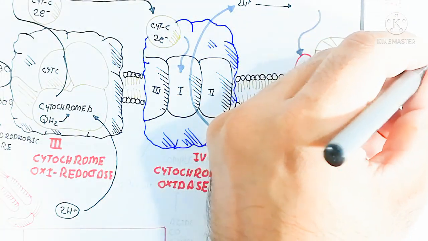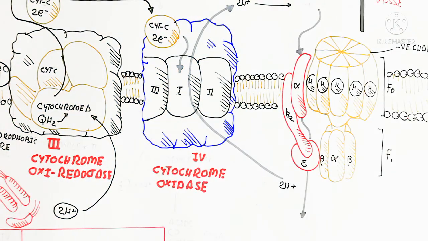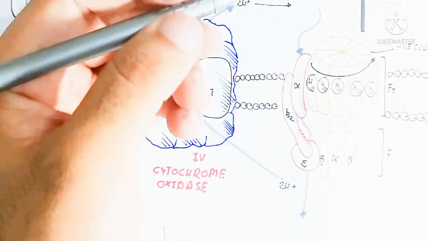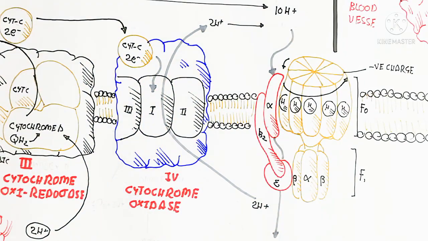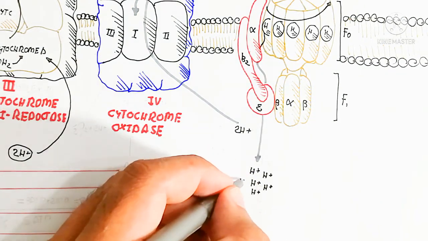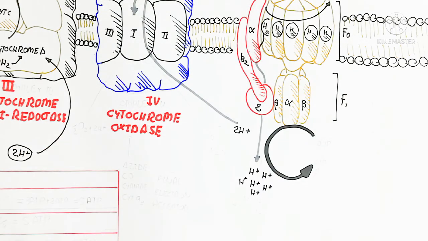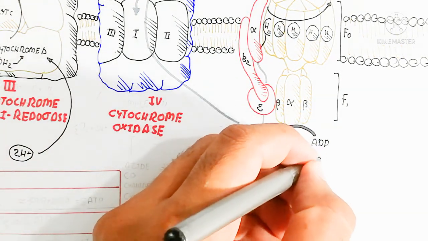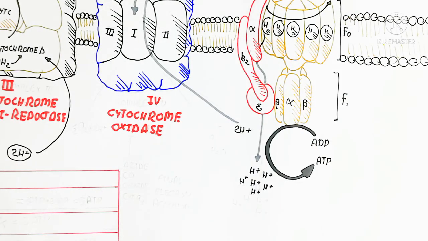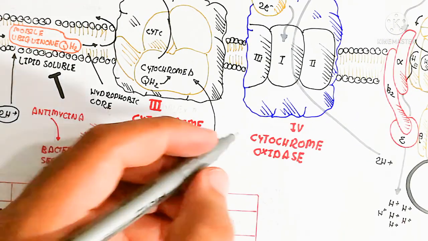So the upper part is known as F naught, and the inner part inside is the F1 subunit. So basically it is the negative charge. So that attracts the proton, but here it is an unstable negative charge. Basically it adds the proton and throws it by the alpha to enzymatic activity, and basically beta epsilon throws the 4 protons to produce 1 ATP.